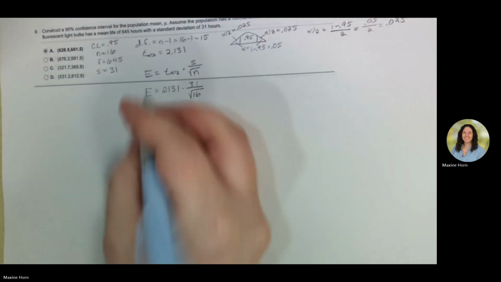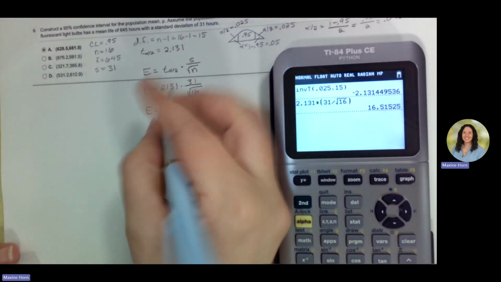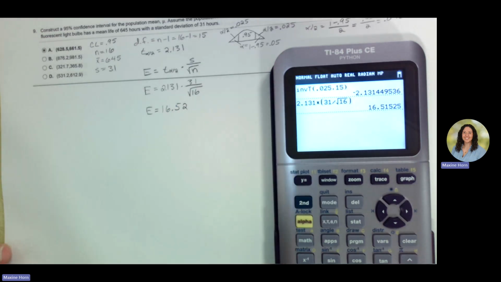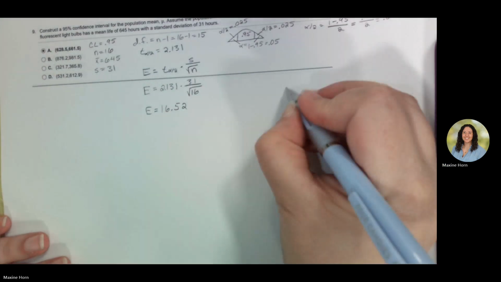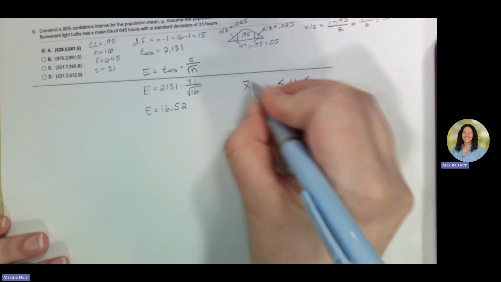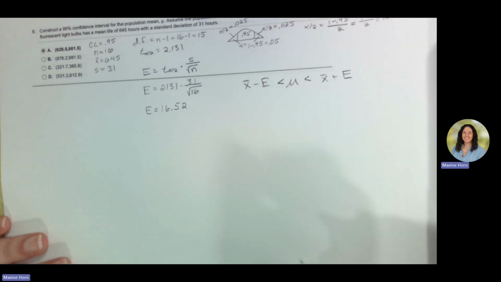Okay, so let's plug that into our calculator. And we get 16, I'll go to 2 decimals here, 16.52. Okay, right, so our true population mean is our sample statistic, or sample mean, minus our error and plus our error, right?